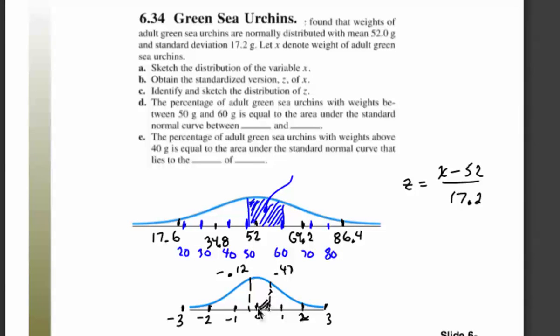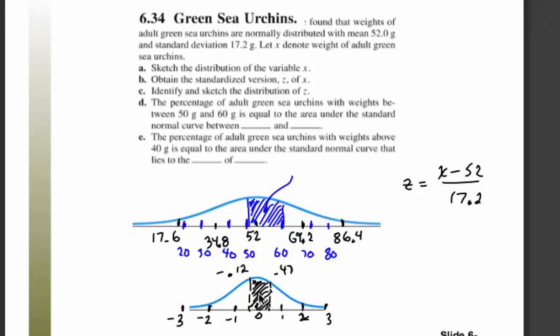Because this area right here, tell me. Right. The area between negative 0.12 and 0.47 on the standard normal curve will have the same area as the area between 50 and 60 on our distribution for the x variable.